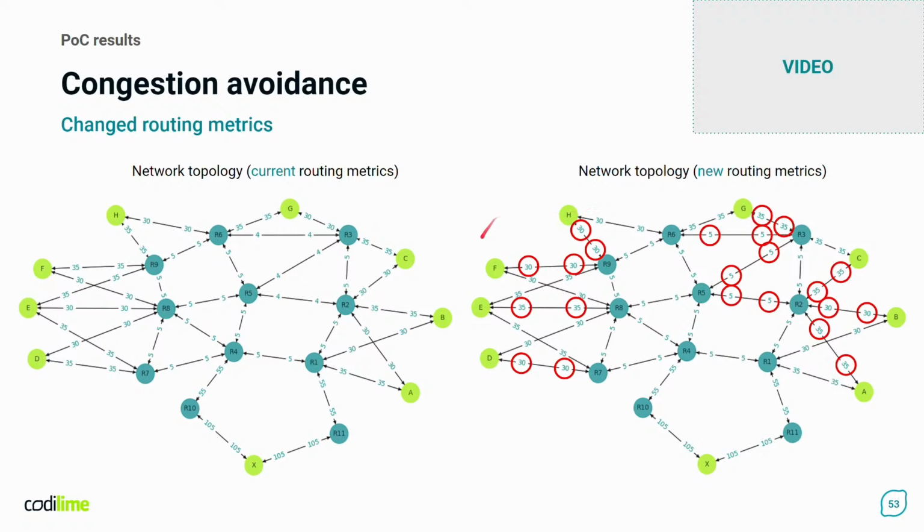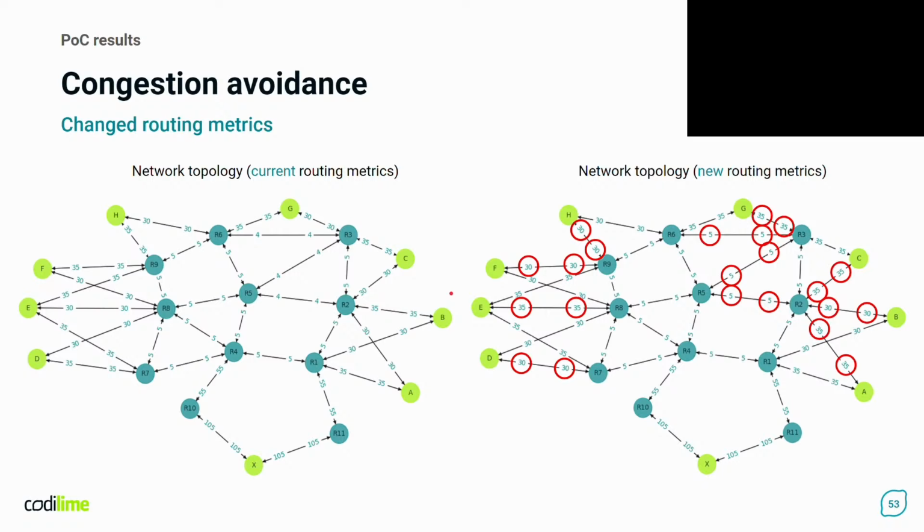So here we prepared the same topology, but we modified the routing metrics in our network. Having some skills, we know that if we have more equal cost multipaths in the network, usually it is better, and the load is better balanced. So we followed this assumption to modify the routing metrics in that way, and we used our PoC to check the consequences of that change.